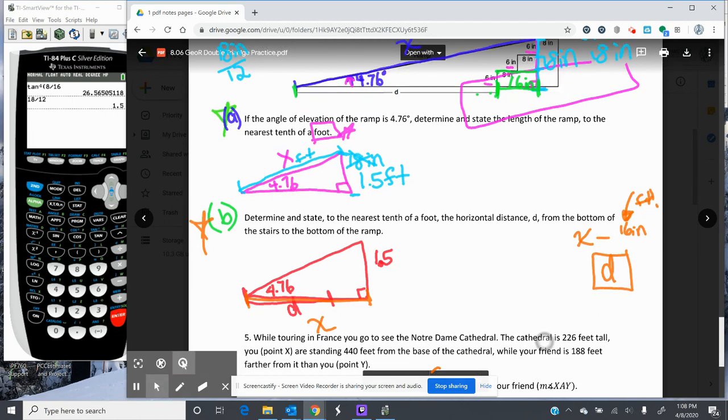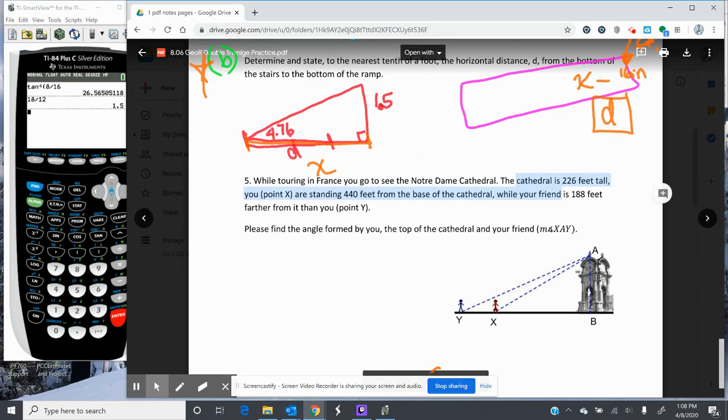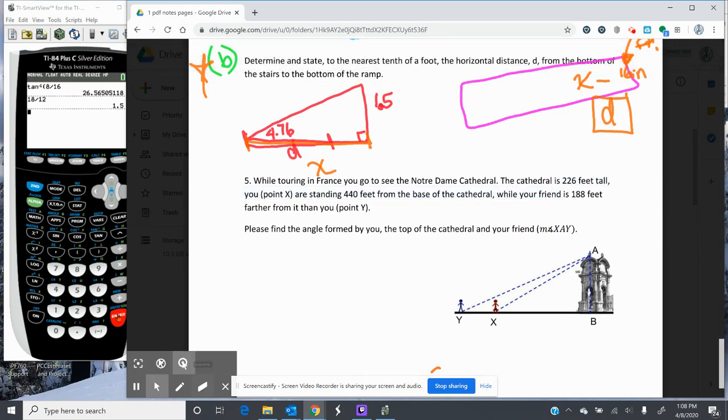Lastly, number 5, which would really be the fourth example, just kind of misnumbered. There's going to be another two right triangles here. So you have triangle ABX, and the other bigger right triangle ABY.